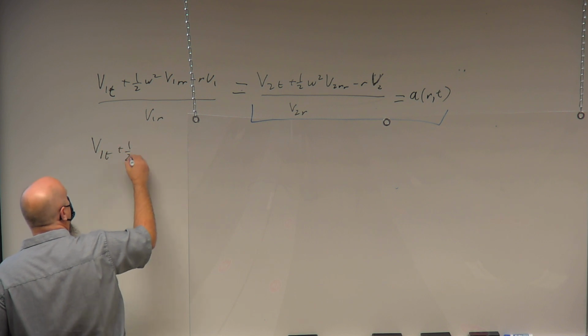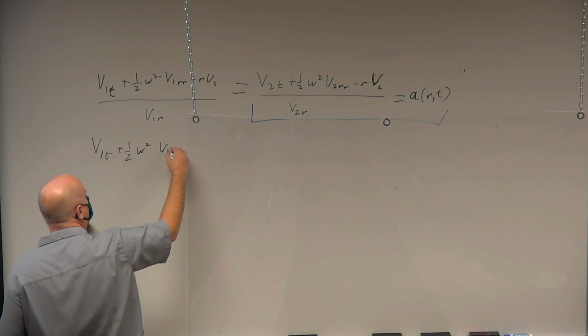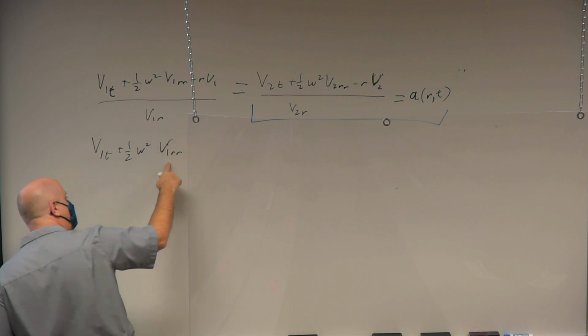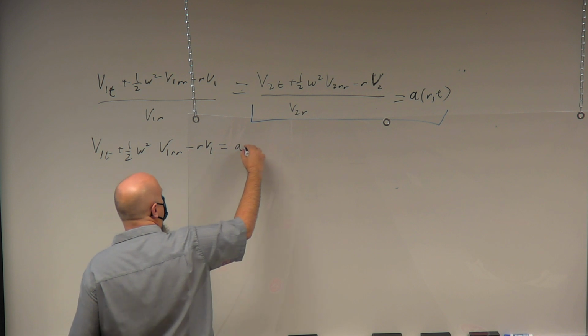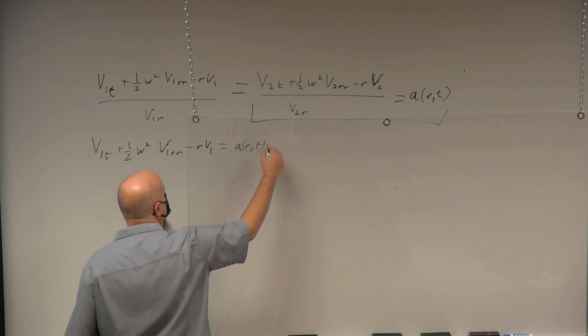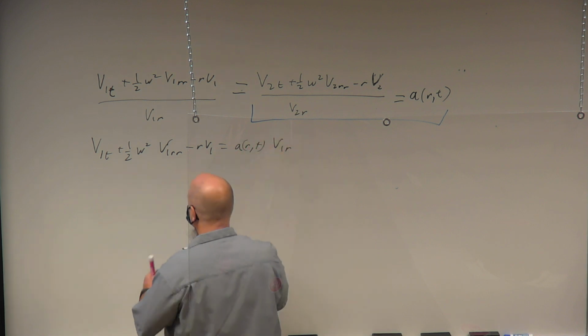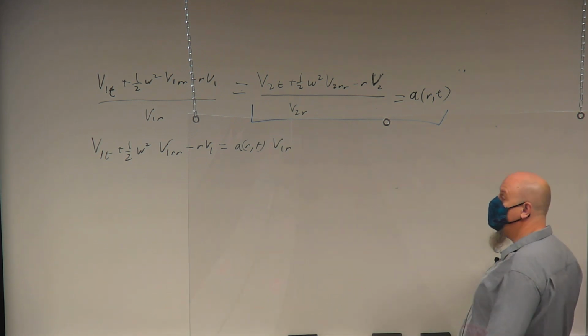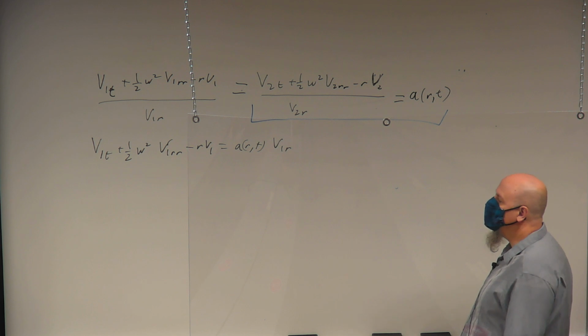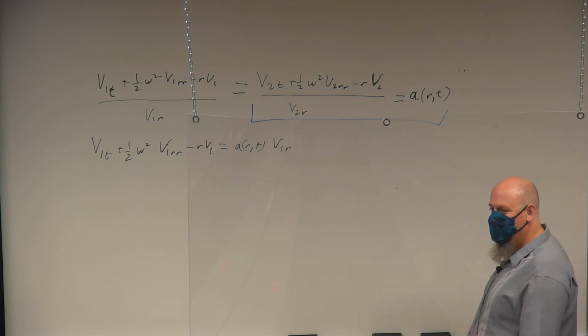v1t plus 1/2 w squared v1rr. That's the second derivative with respect to interest rate, minus rv1 equals a. And I could rewrite that whole equation, switch everything from 1s to 2s.